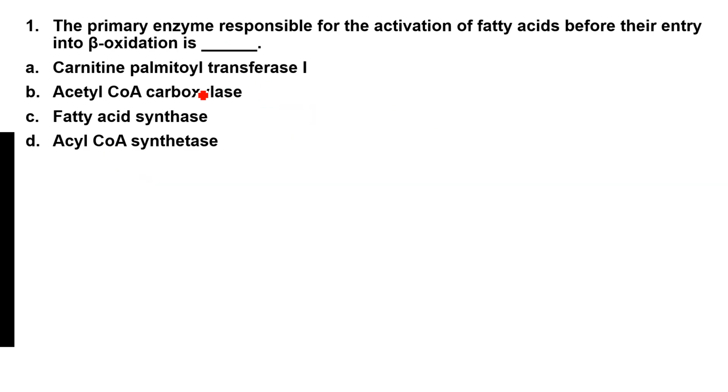Now answer this question. The primary enzyme responsible for the activation of fatty acids before their entry into beta oxidation. So the very first step, I hope you all remember, is that the fatty acid is first converted into fatty acyl CoA. I was emphasizing that you need to remember the enzyme involved in this.